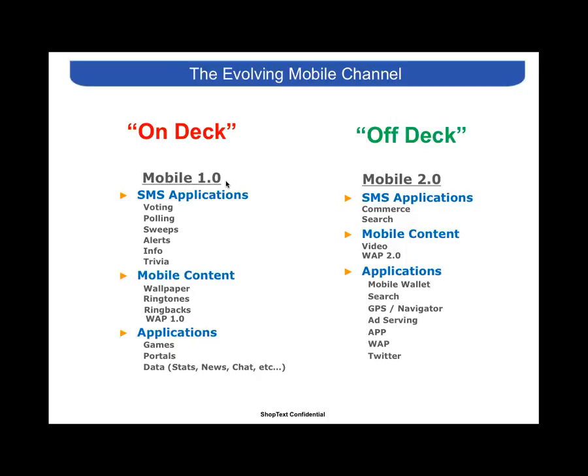And now apps are being developed, not just for the iPhone, but now the BlackBerry, and people are building WAP sites, essentially internet sites that you could access on the phone, and everybody knows about Twitter. And all that is about off-deck, off the carrier deck, accessing information and doing what you want to do wherever you want to do it.